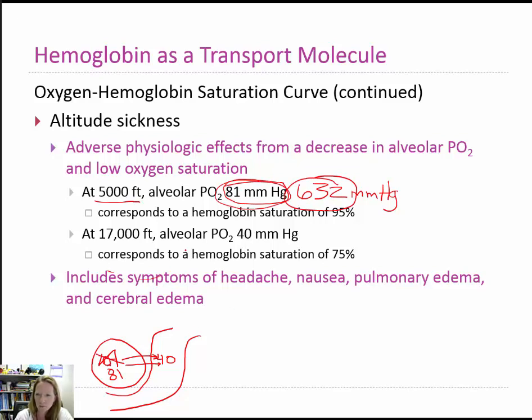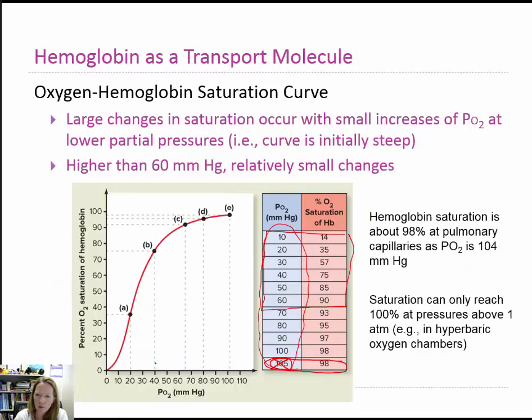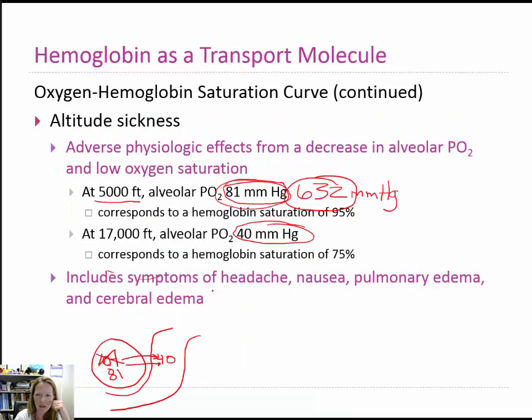So 17,000 feet is between Pikes Peak, which is 14,000 feet, and Mount McKinley, Alaska, which is 20,000 feet. What happens here is that you have a huge drop, 40 millimeters of mercury. If you go here, 40 millimeters of mercury, you have a 75% hemoglobin saturation. So that's when it becomes an issue.